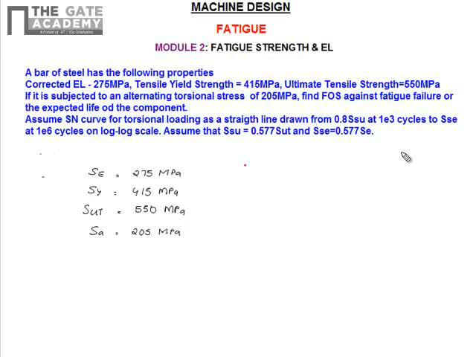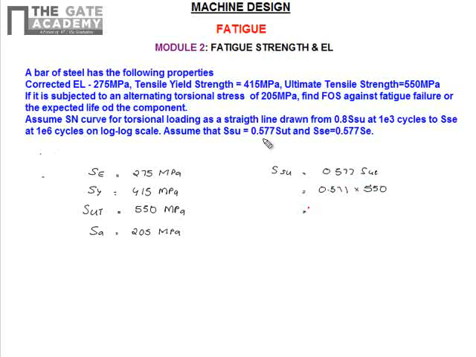Now it is also told that the SN curve is a straight line between 2 points, the first being 0.8 times SSU. And what is SSU? That is given as 0.577 times SUT, that is 0.577 into 550.